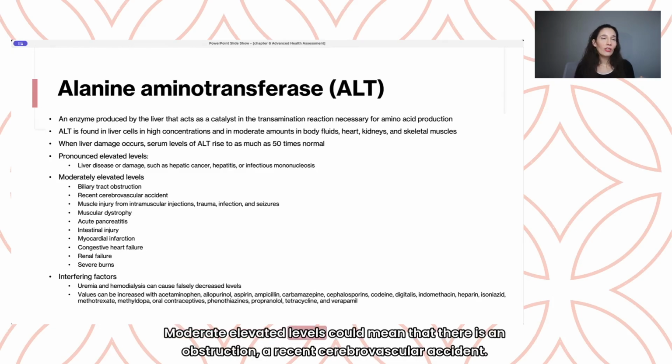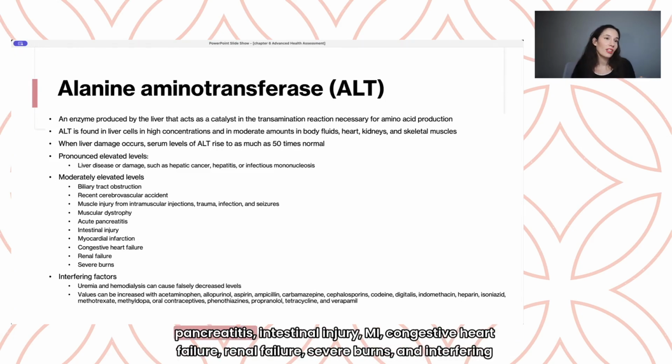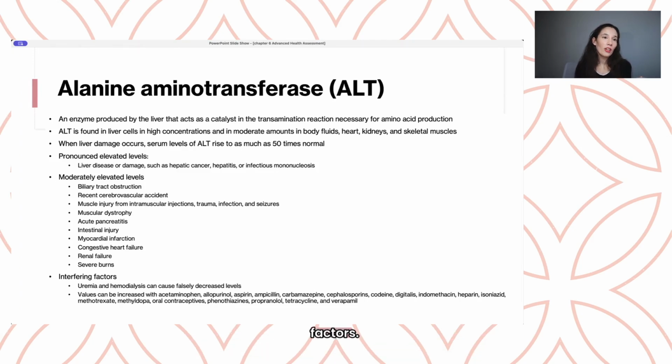Moderate elevated levels could mean that there is an obstruction, a recent cerebrovascular accident, muscular injury. This could be from intramuscular injections, trauma, infection, or seizure, muscular dystrophy, acute pancreatitis, intestinal injury, MI, congestive heart failure, renal failure, severe burns, and interfering factors.